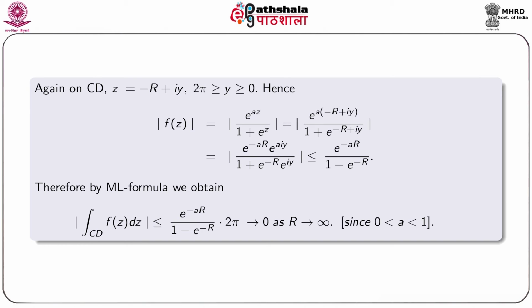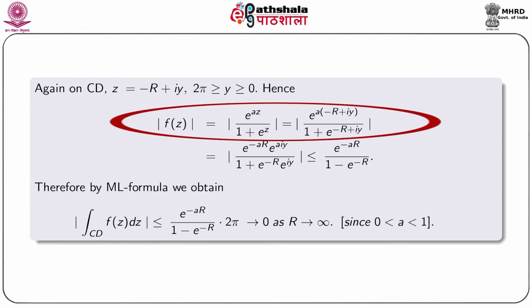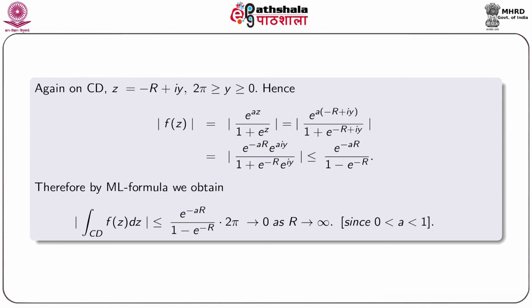Again, on CD, z equal to minus r plus iy, where 2 pi greater equal to y greater equal to 0. Therefore, mod f(z) equal to mod of e to the power az by 1 plus e to the power z, which is equal to modulus of e to the power a(minus r plus iy) by 1 plus e to the power (minus r plus iy), and which is less or equal to e to the power minus ar by 1 minus e to the power minus r.